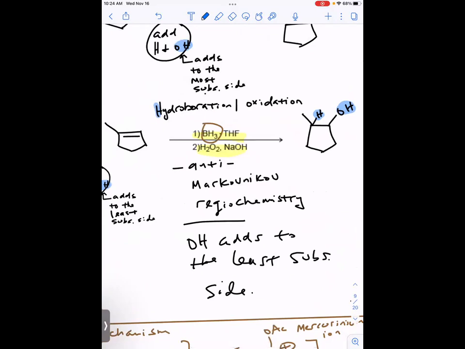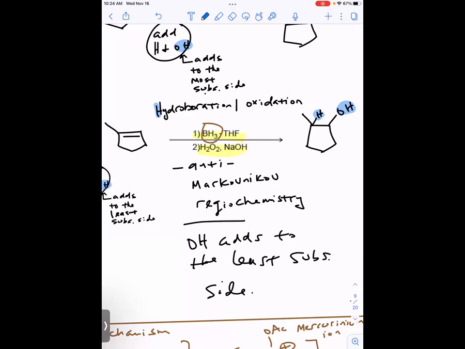What functional group did it convert that alkene into? Didn't it convert it into an alcohol?